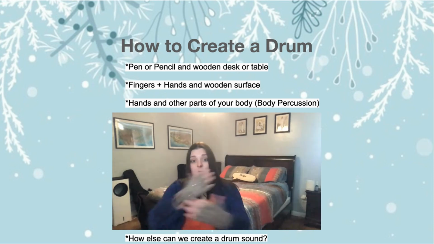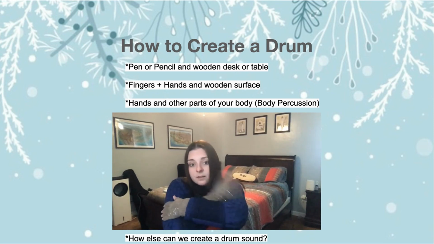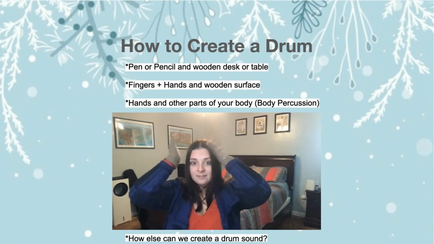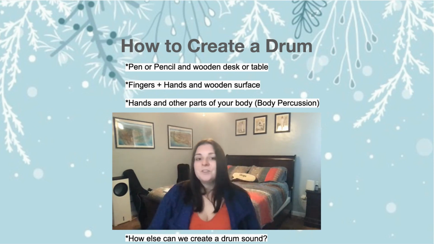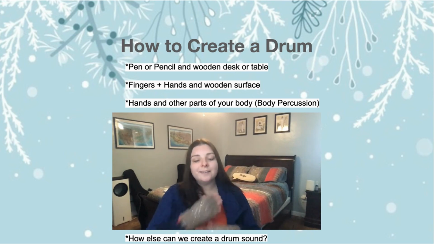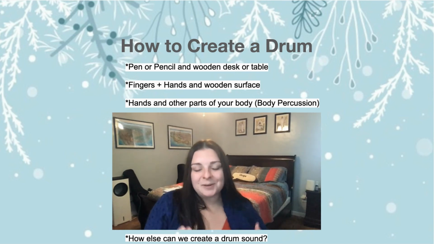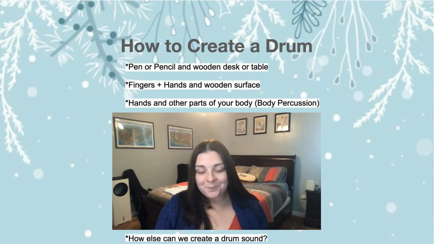You can use your legs or your arms instead of a table. You can use your head. You can use your chest. Lots of different ways that you can make drum sounds using all different parts of your body as well.